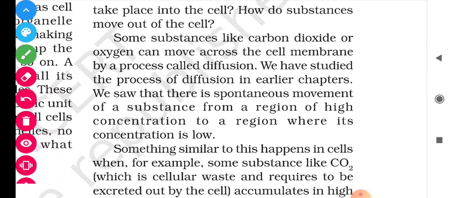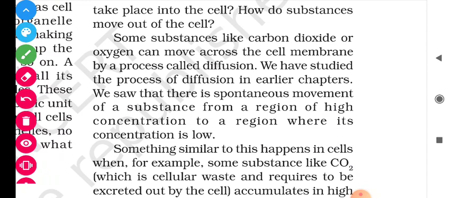Some substances like carbon dioxide or oxygen can move across the cell membrane by a process called diffusion. As we already studied in unit number 1, matter in our surroundings, what does the term diffusion mean? Diffusion means the conversion of a solid, any state of matter, into another state.